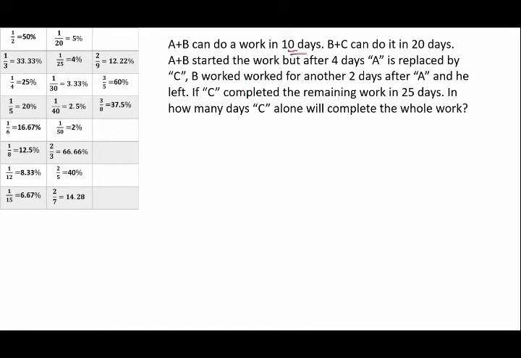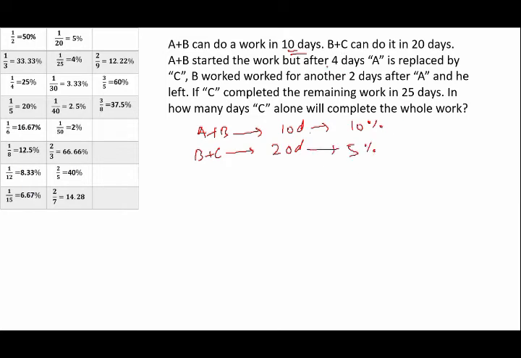Let's check our data. A plus B doing the work in 10 days, which means 10% of work in one day. B and C doing the same work in 20 days, which means 5% of work in one day.